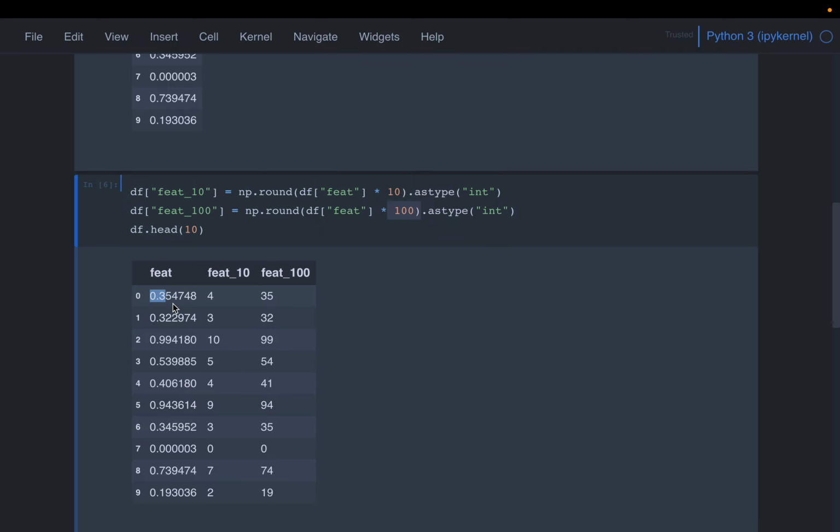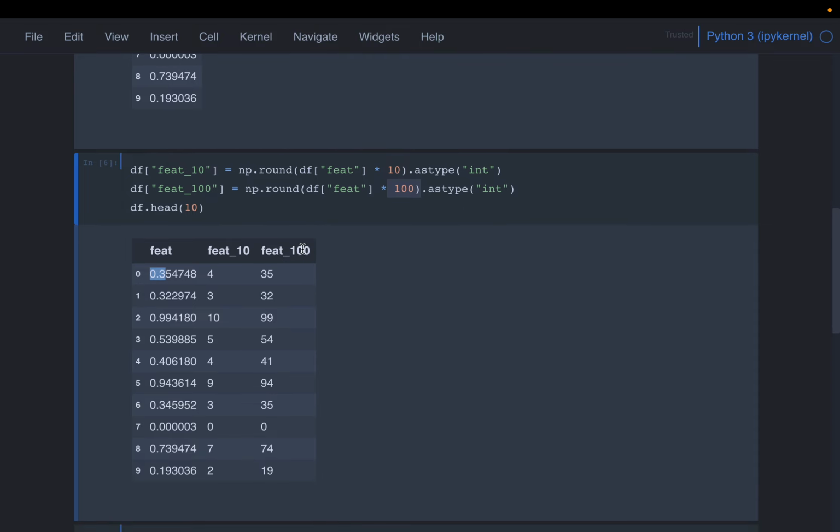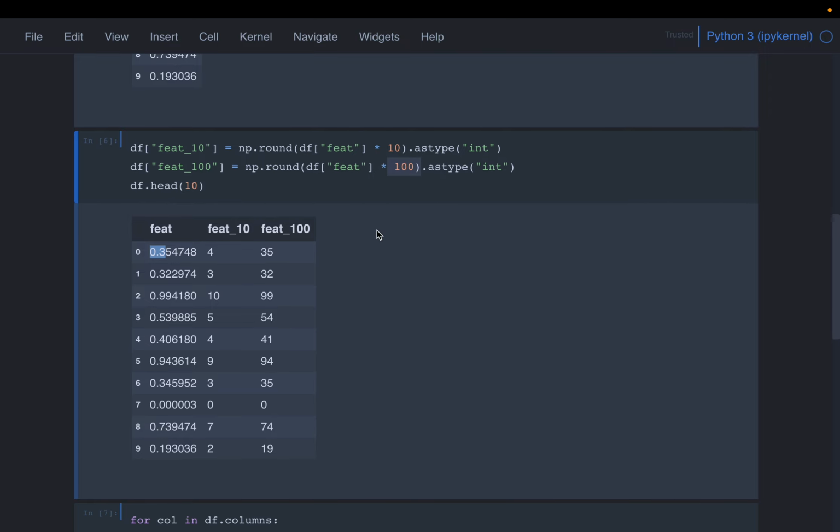When we do the rounding, because it is closer to 4 than 3, it gets rounded to 4. Now if we used the floor method, this value would have been 3. So again, choose which one you want to apply, but probably rounding is better for such scenarios.